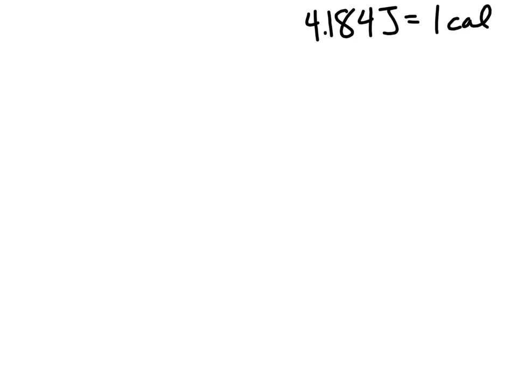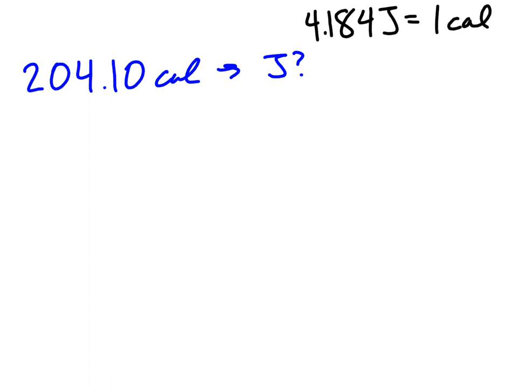When I do a conversion, let's say I wanted to convert 204.10 calories, and I want to know how many joules that is. I'll take what I'm given and put it over 1.